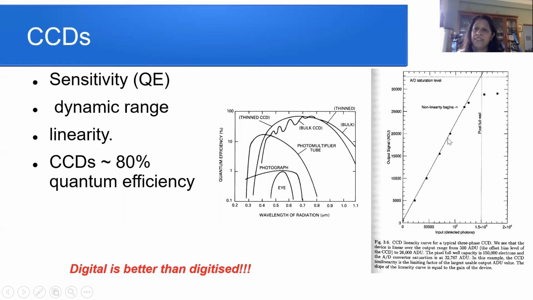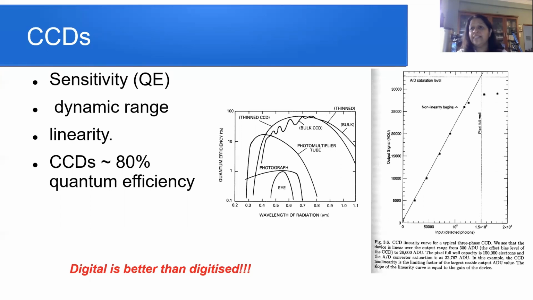So what you want to do is, in the linear regime of the CCD, detect so that you can use the addition of frames or the addition of photons to get your signal to much better efficiency. And you can do this with CCDs.